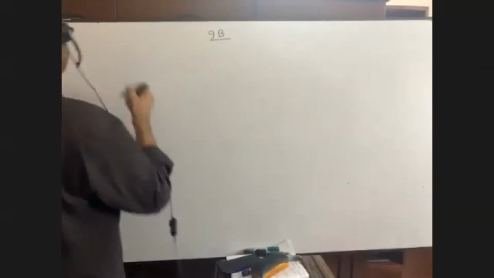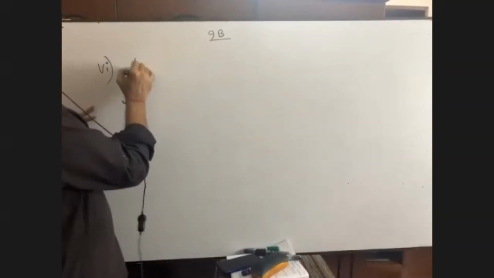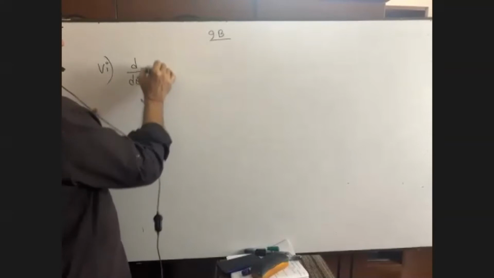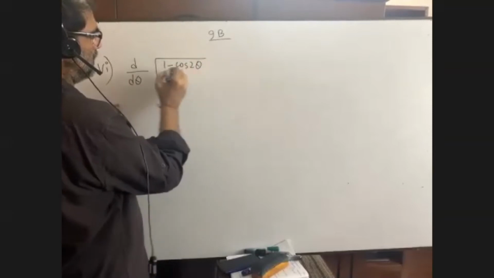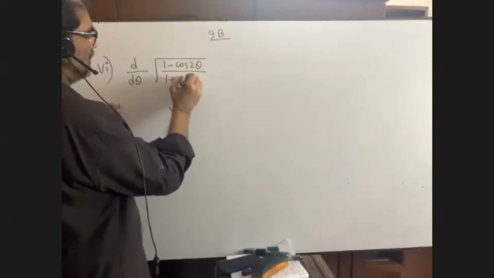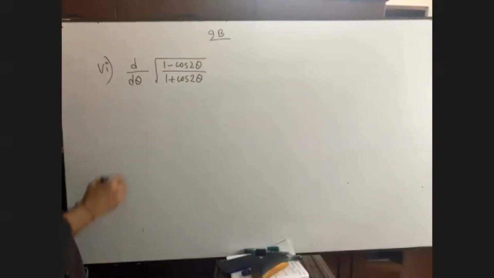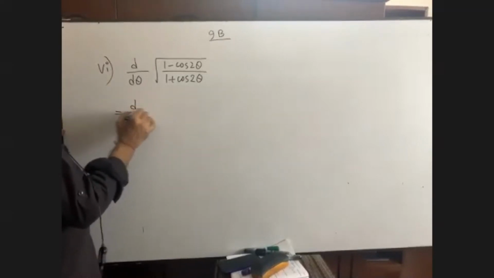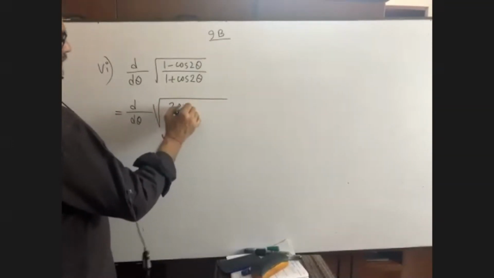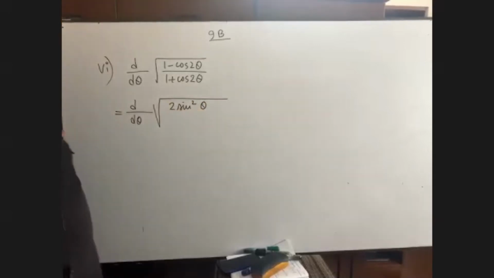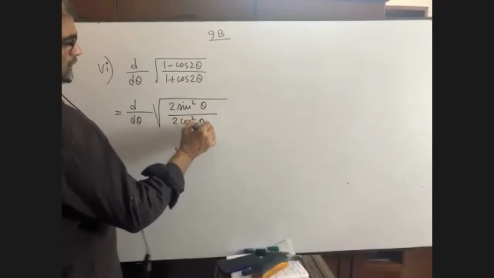Question number 6. What should we do? Formula 12. What is the formula? 2 sin square theta over 2 cos square theta. Talk to me.